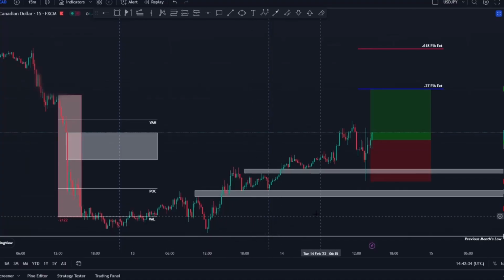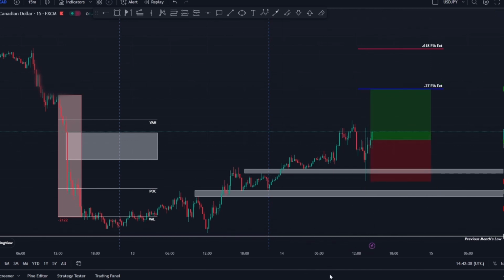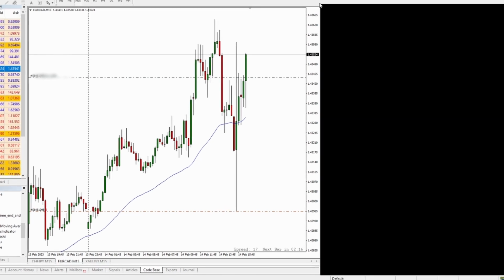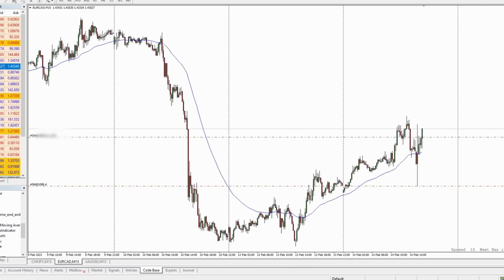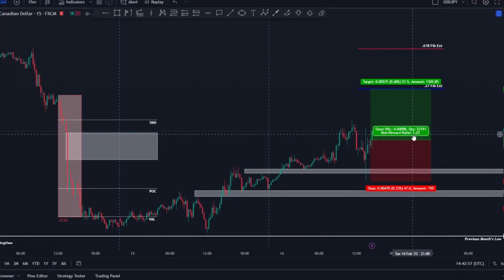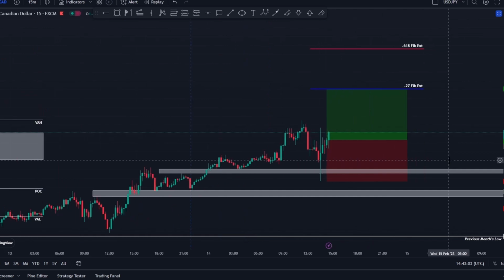And as you can see, guys, currently in this trade, I'll just show you my MT4 account, and as you can see, I'm currently in this trade. To be honest, the risk to reward is not that great. It's just a little bit above 1-to-1 risk to reward, but I'll take what the market gives me.